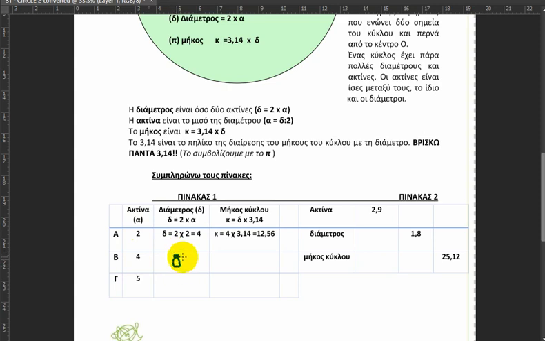diameter 8. Oh, and we just did these. So the circumference is going to be 8 times 3.14. It's going to give me what?